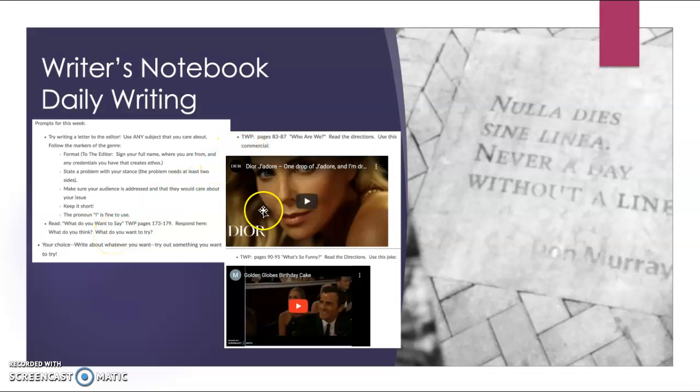The other 2 that I haven't discussed yet are videos, and these are also corresponding to the Writer's Practice. The first one is a rhetorical analysis of a commercial. I have provided the commercial that I want you to think about, and you are going to be following the directions of the experience on pages 83 to 87, Who Are We?